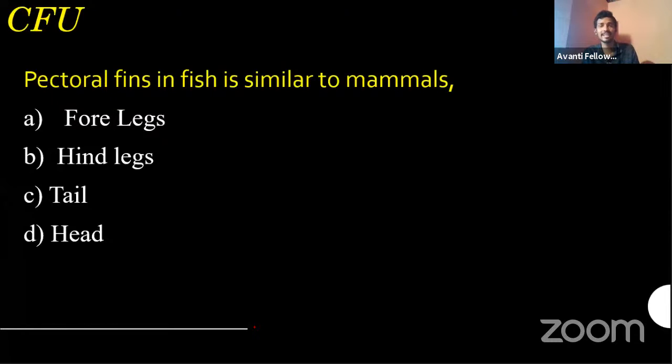Okay, guys, where are you? What are you thinking? Exactly. So the correct answer is direct. As I told you, the upper portion of our body is called the pectoral girdle. Probably you already learned in high school. I'm not sure how much you learned there.